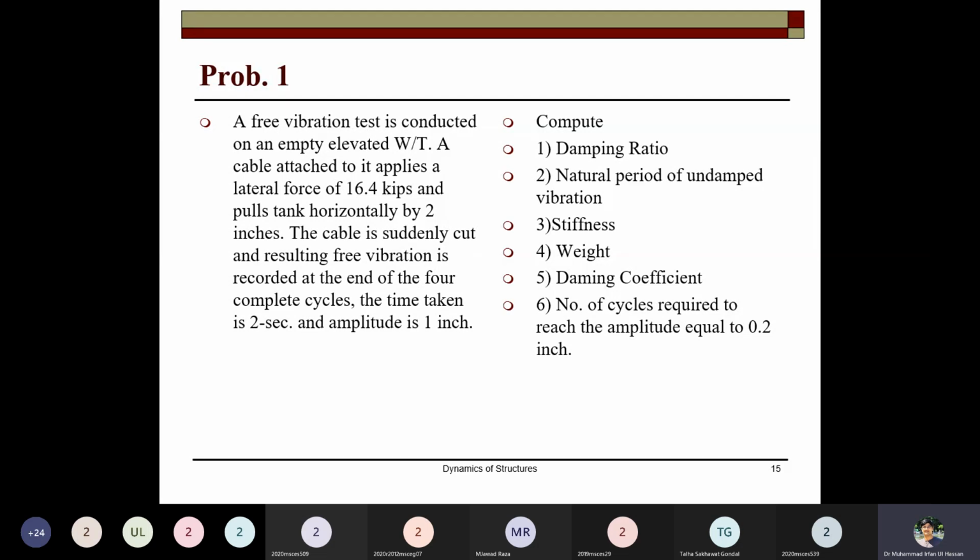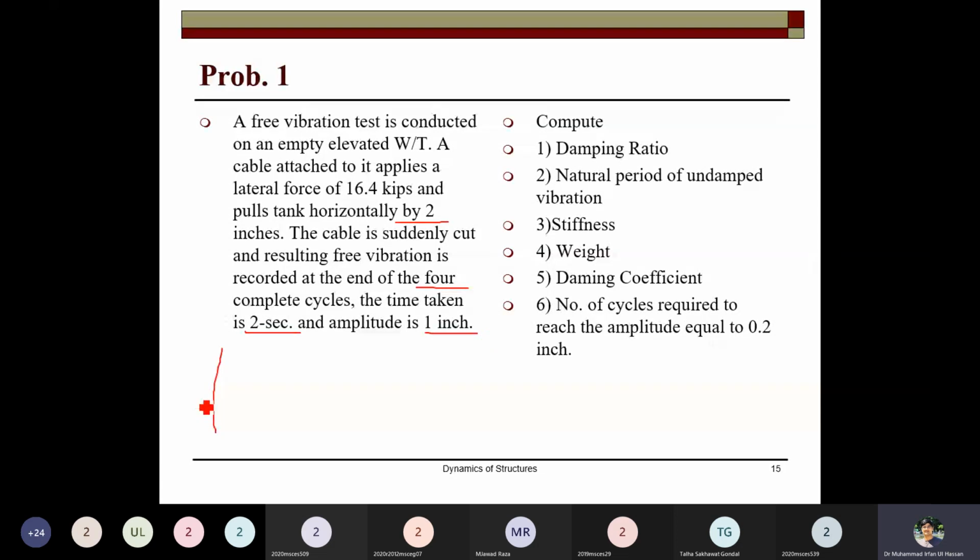At the end of the force cycle, the time taken is 2 seconds and the amplitude is 1 inch. First it is pulled by 2 inches, but at the end of the cycle, 2 seconds were needed and 1 inch is the final amplitude.